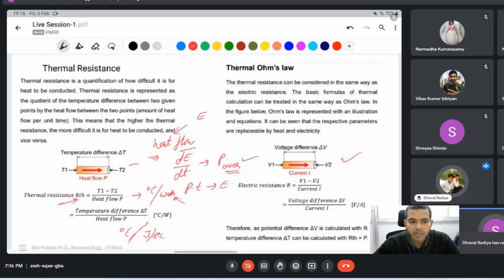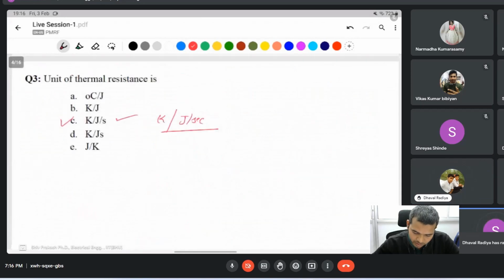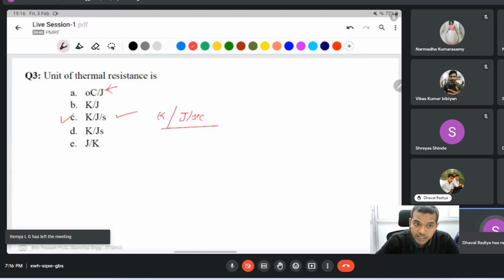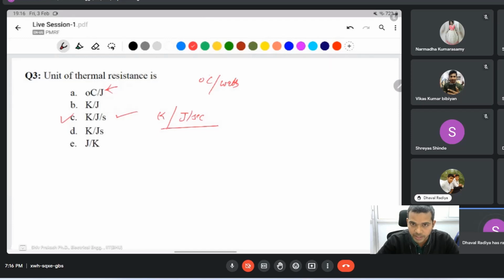The teacher answers: This is not joule. Joule is an energy unit, not a power unit. Your thermal resistance is degree centigrade per watt, not per joule. If you change the watt into energy form, you find joule per second. This one is the watt.